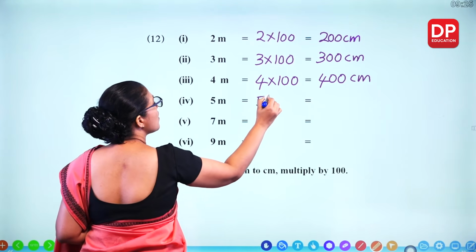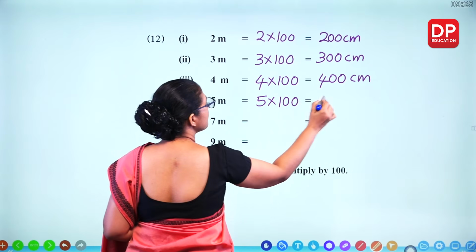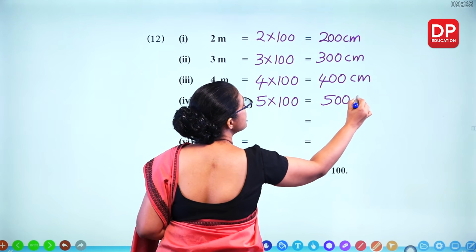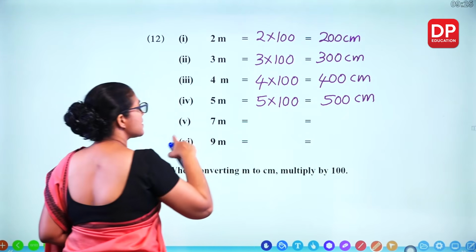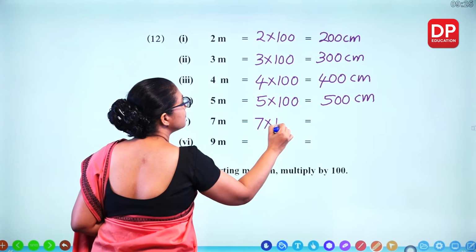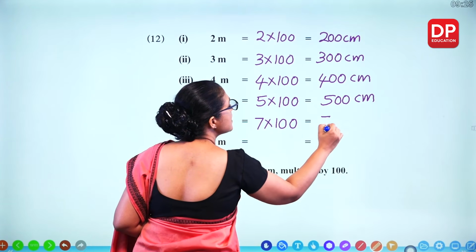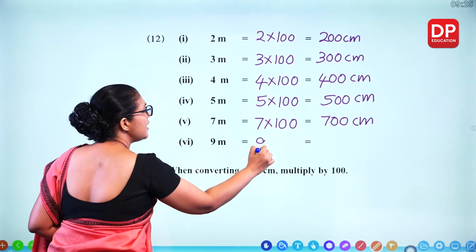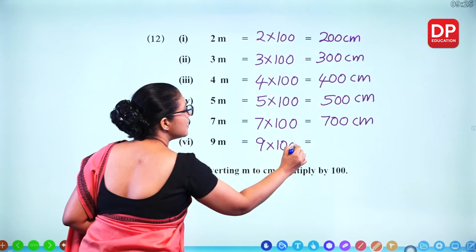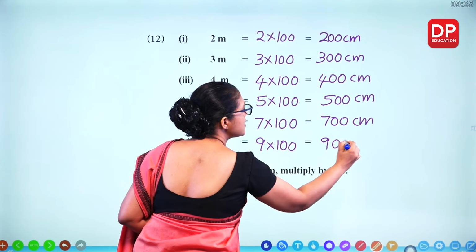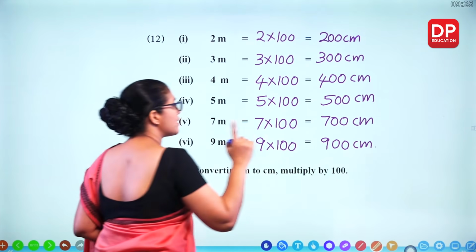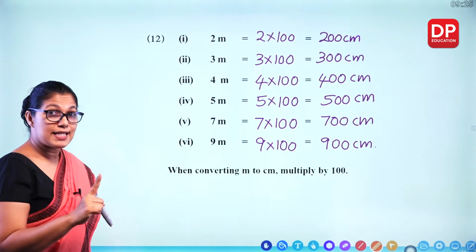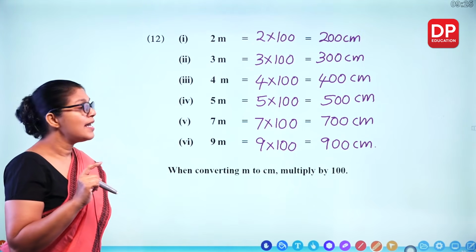And 5 into 100, 500 centimeters. 7 into 100. All these are in meters. I'm converting to centimeters. 9 into 100, that's 900 centimeters. So when you want to convert meters to centimeters, we multiply by 100.